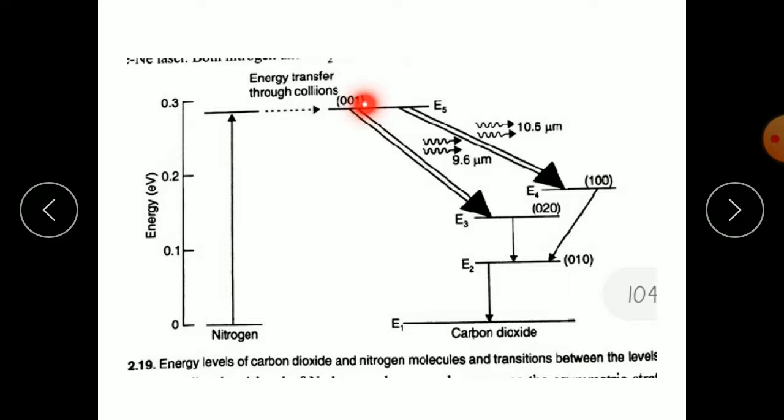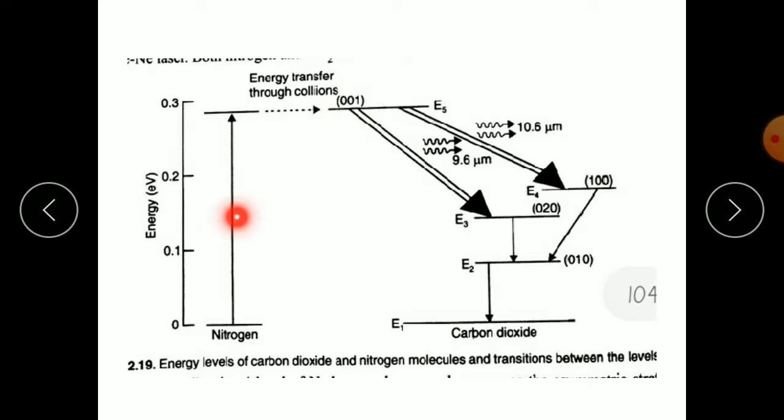This 0, 0, 1 represents zero quanta of the stretching mode, zero quanta of the bending mode, and only asymmetric stretching. So the asymmetric stretching mode of this nitrogen atom coincides with the E5 energy level of this carbon dioxide molecule.